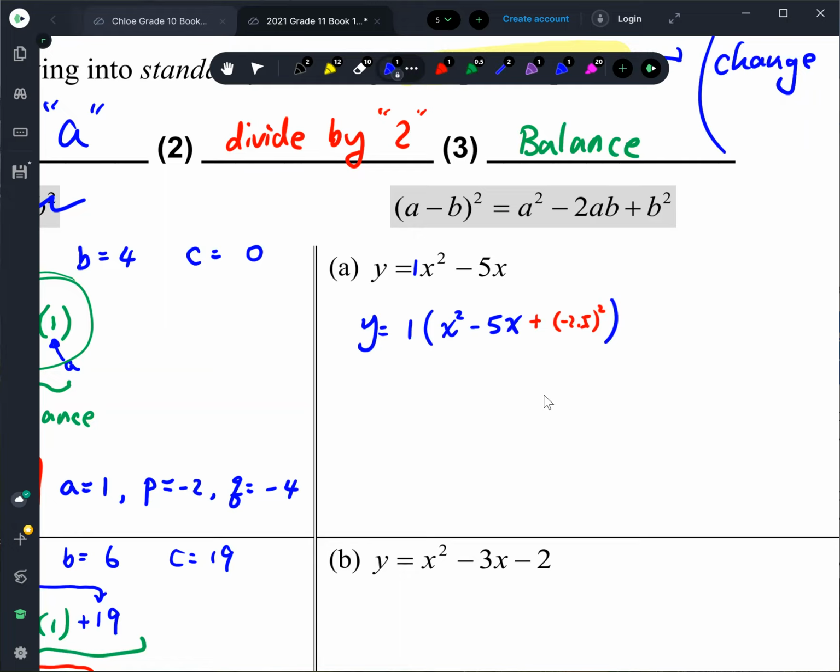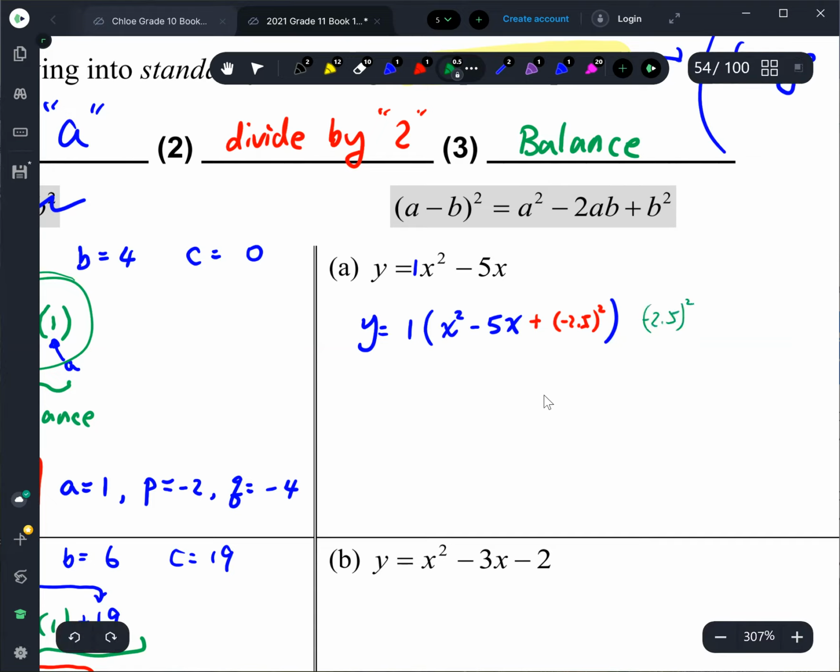Next step, step 3 is balance. Isabella, how do we balance? We put the -2.5 squared on the outside too. Yeah. What else? The 1 times by 1.